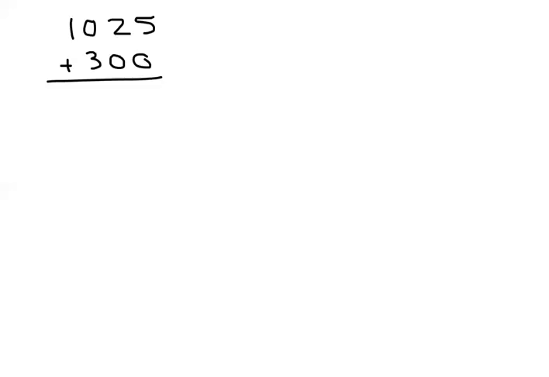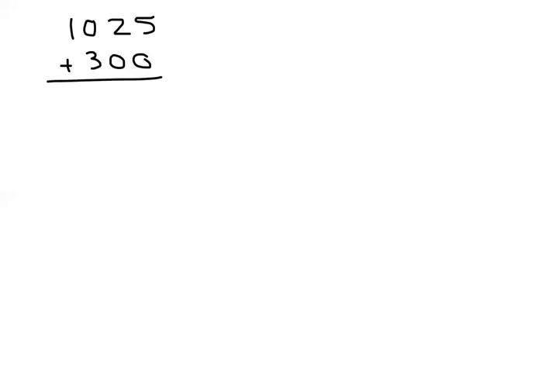Because we know that 1,025 is exactly 1,025. For example, if I had 1,025 people in my class, that's how many I would have on my roster. But if I say, oh, I have 300 without a decimal, that means I could have 320, I could have 297.